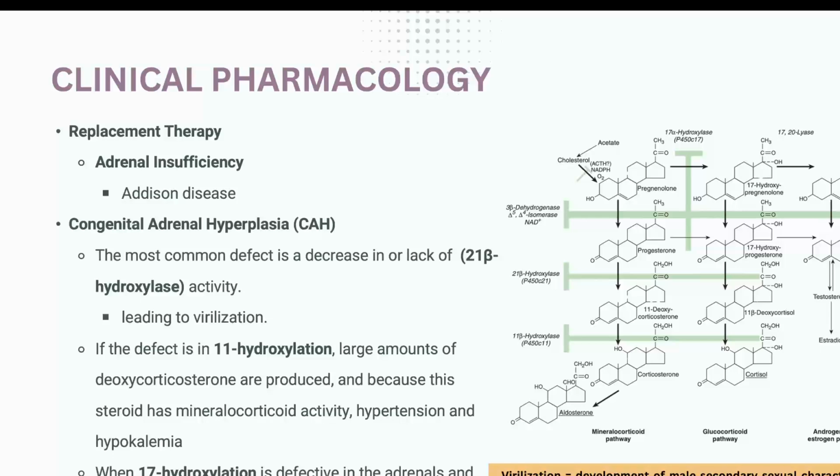This is the biosynthetic pathway as we clarified in the previous slides. So maybe the defect is in the 21 beta hydroxylase, so congenital adrenal hyperplasia may be due to deficiency in a number of enzymes.